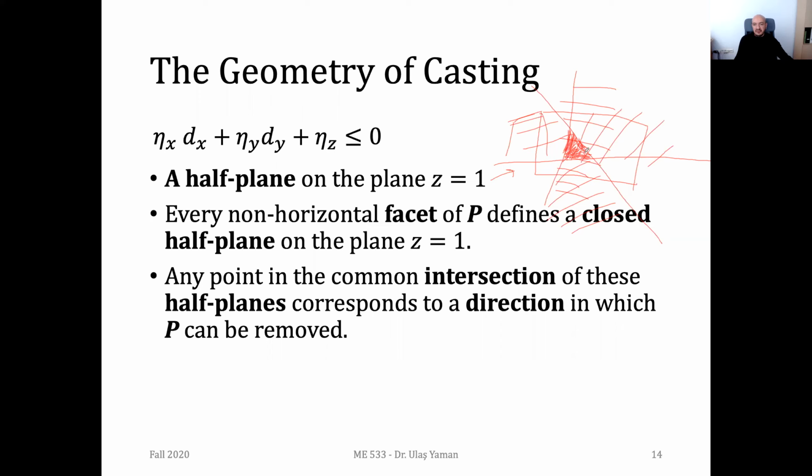And if you remember in the previous slide, we said that these direction vectors are representing just simple points on the z equals 1 plane, right?